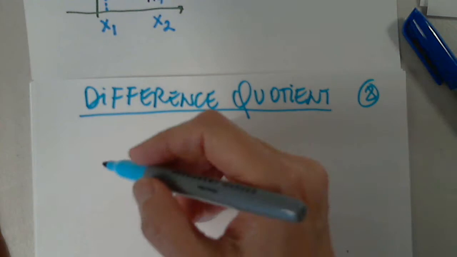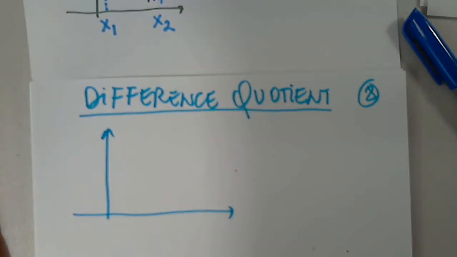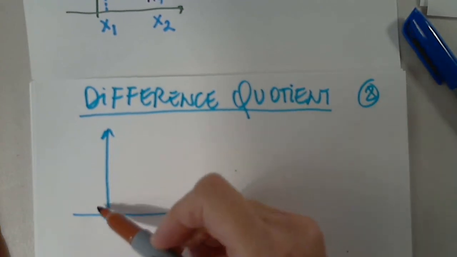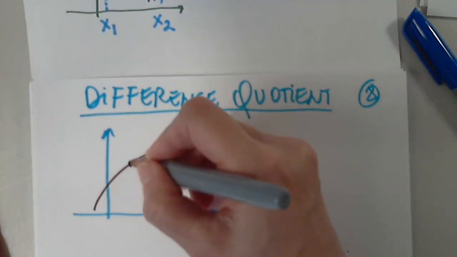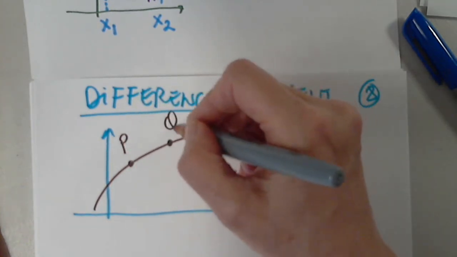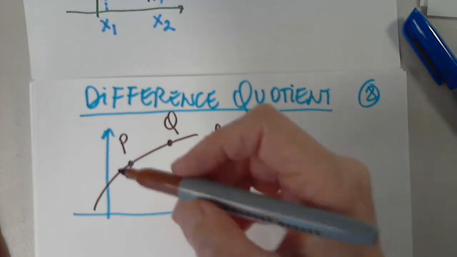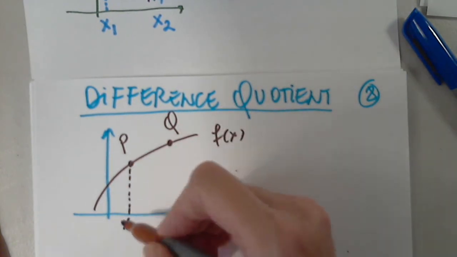Okay. Back to our same graph. Here it is. Same graph. F of x. But this time, this will be P and Q. The x coordinate of P will be x.